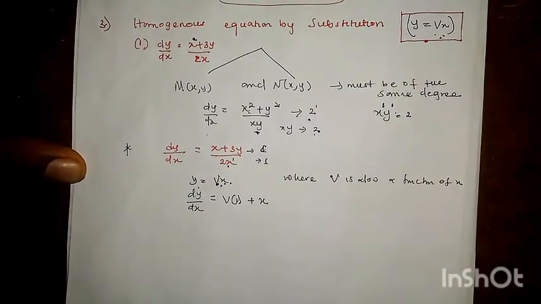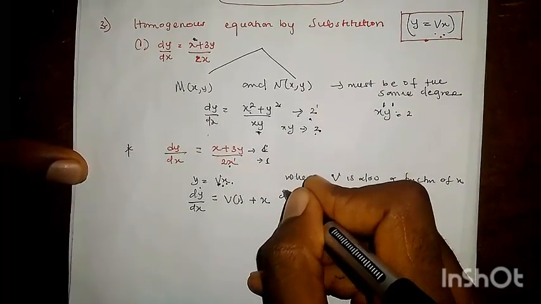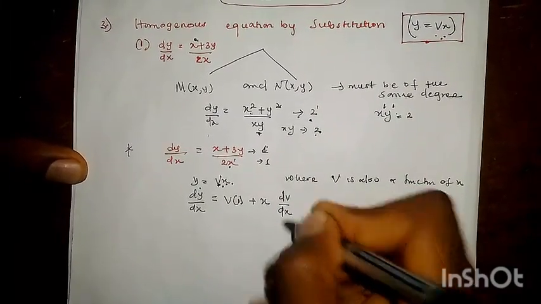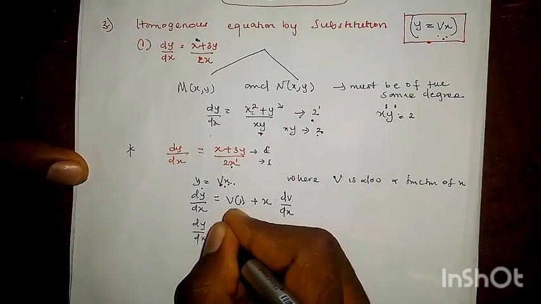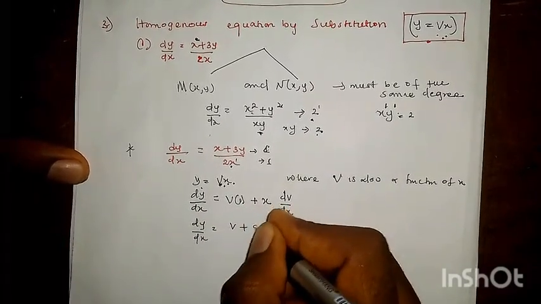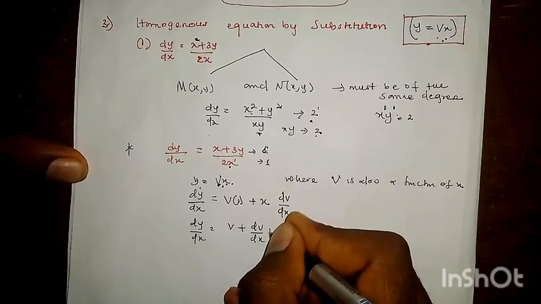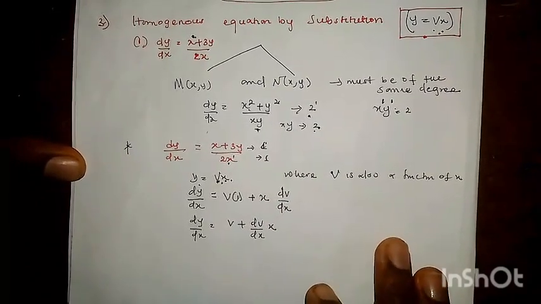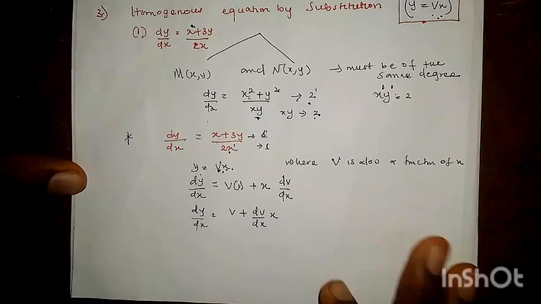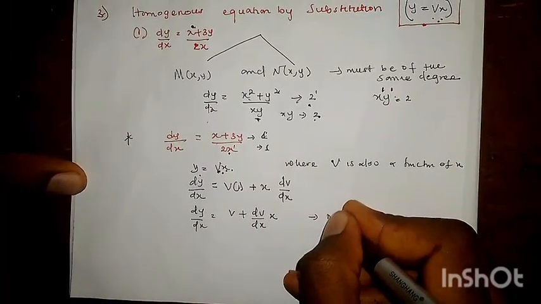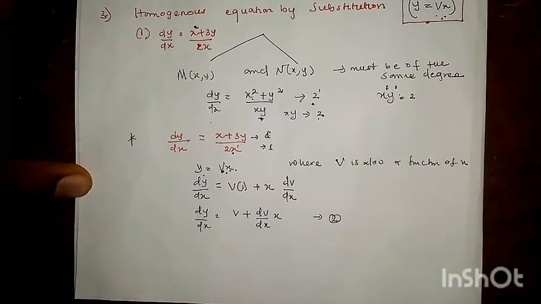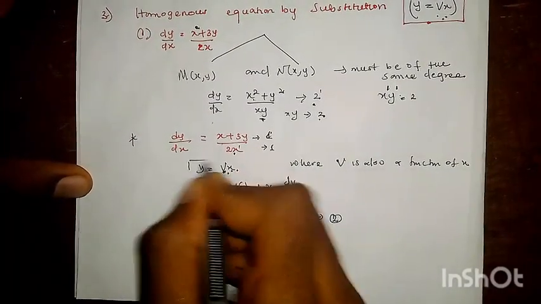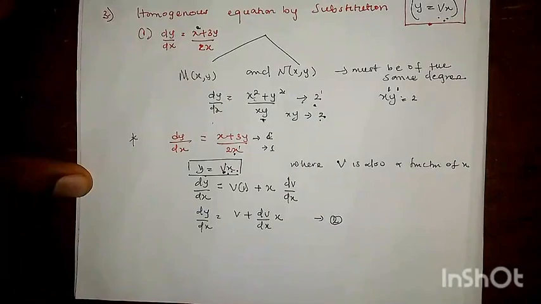Differentiating v, which is a function of x, will be regarded as dv/dx. So my dy/dx is equal to v plus x dv/dx. This is my second step. My first step was to identify if it is a homogeneous equation, so my third step now is to substitute this function into the equation.